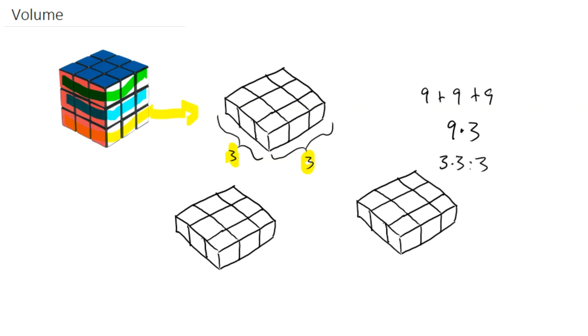So essentially what we're doing there is taking a length of 3, a width of 3 on my Rubik's Cube, and a height of 3 on my Rubik's Cube, and multiply those all together, and I get the total number of cubes that are filling up my Rubik's Cube, which is 27 cubes.